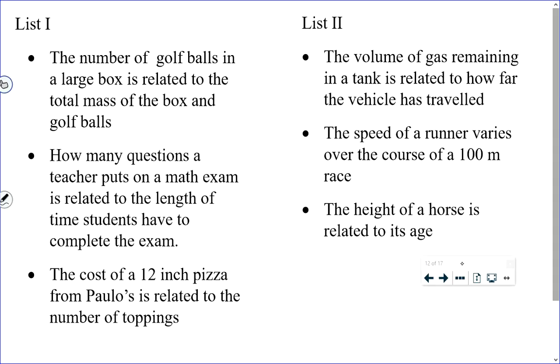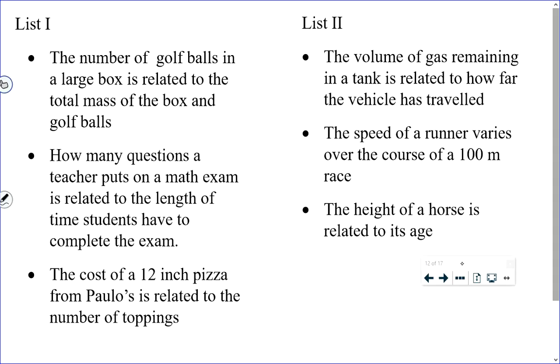List 1: the number of golf balls in a box is related to the total mass of the box and the golf balls. How many questions a teacher puts on a math exam is related to the length of time students have to complete the exam. The cost of a 12-inch pizza from Paolo's is related to how many toppings you want on the pizza.